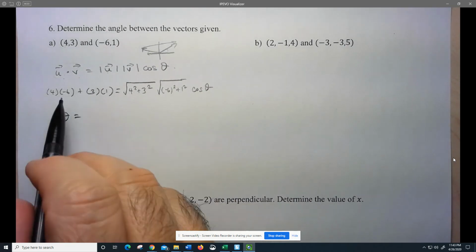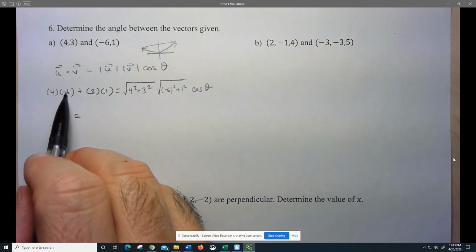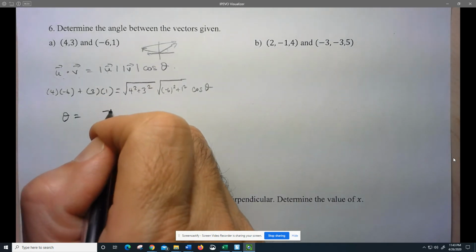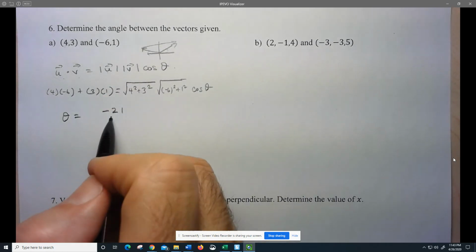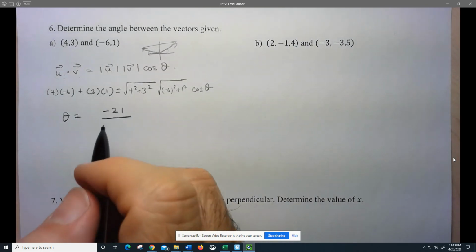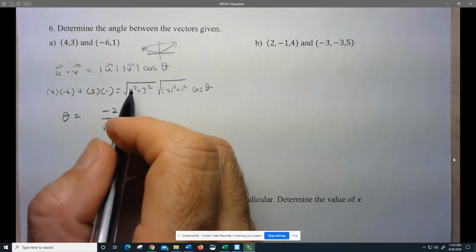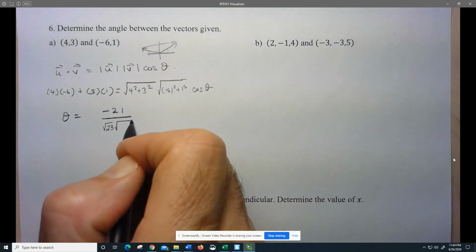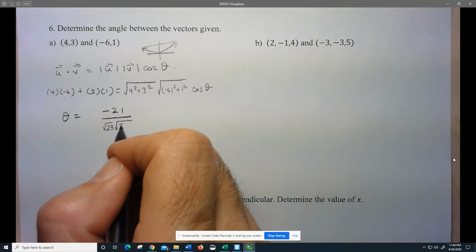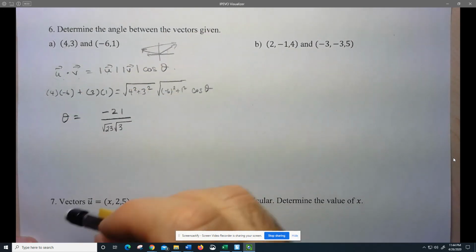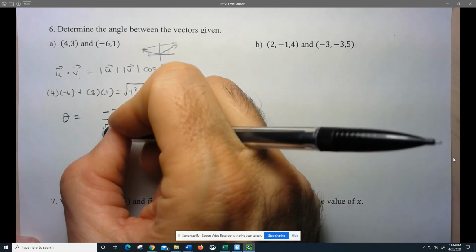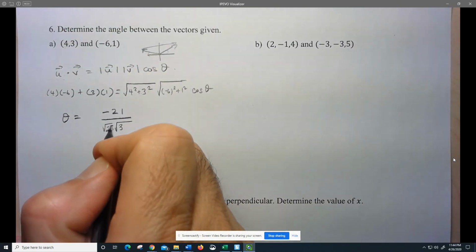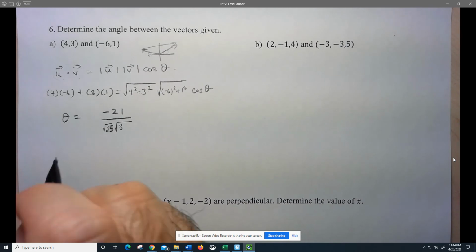Okay, so first, what do we have here? We have -24 plus 3, so -21. Let's divide by those. Okay, so what do we have? We have square root of 16 plus 9 is 23. Here we have 36 plus 1 is, 16 plus 9 is not 23, it's 25. Okay, silly error there. So that's why you always go back and look and check.